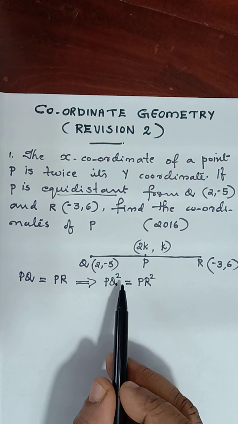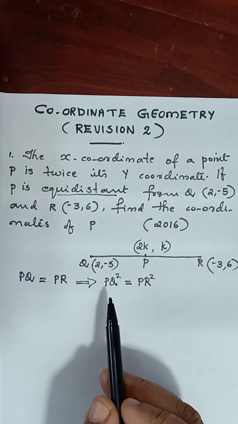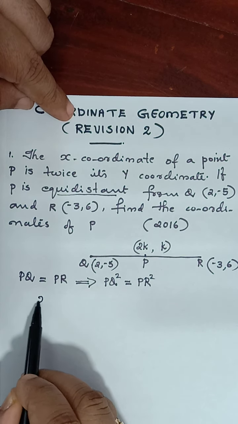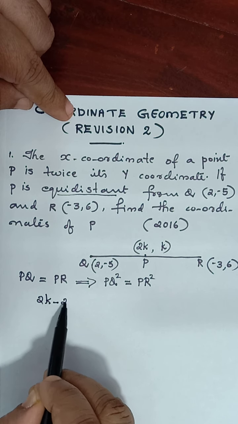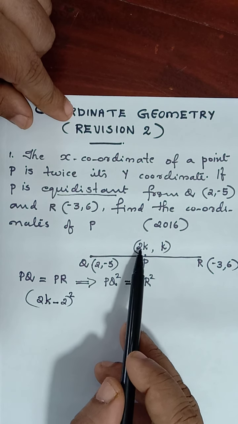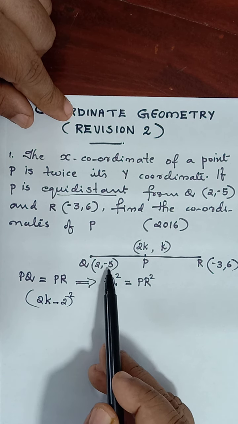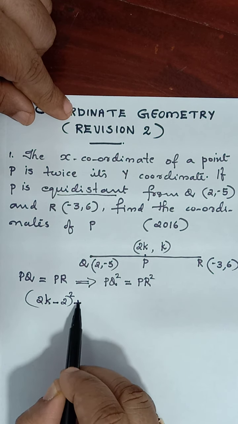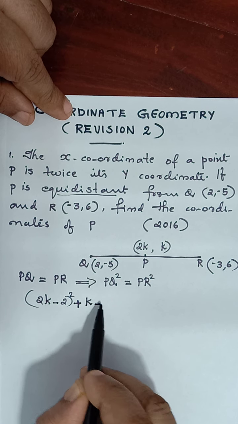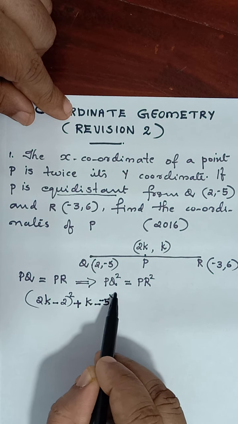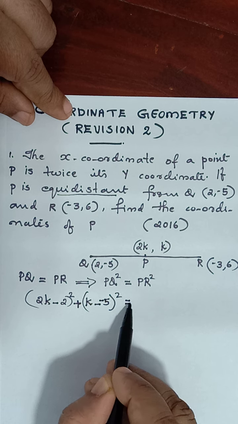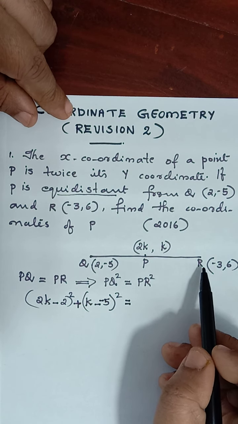So PQ square means root we don't want, x2 minus x1 whole square, that is 2K minus 2 whole square, plus y2 minus y1 whole square, y2 is k minus y1 -5 whole square. Okay, that's equal to PR square.